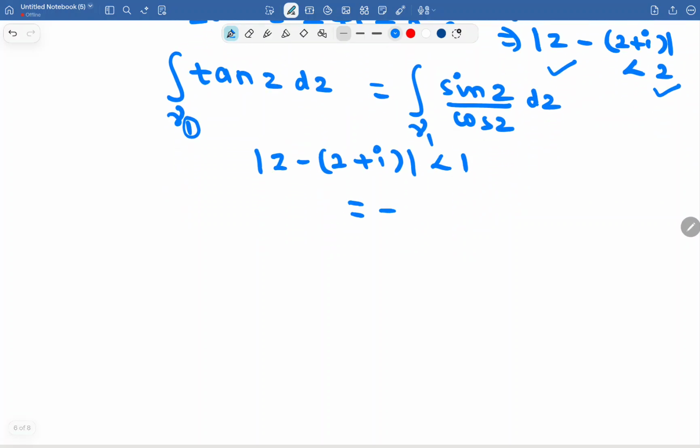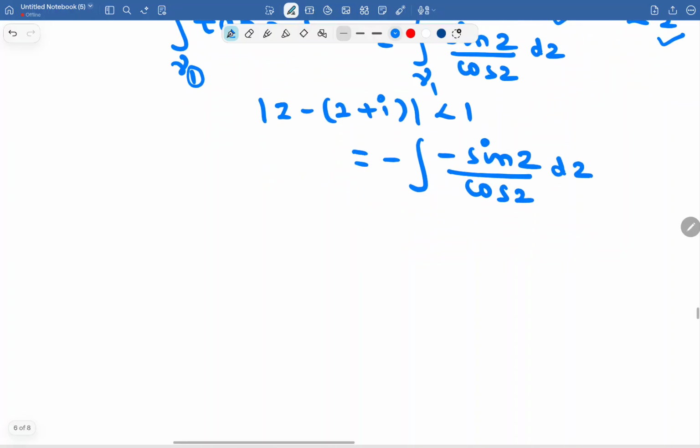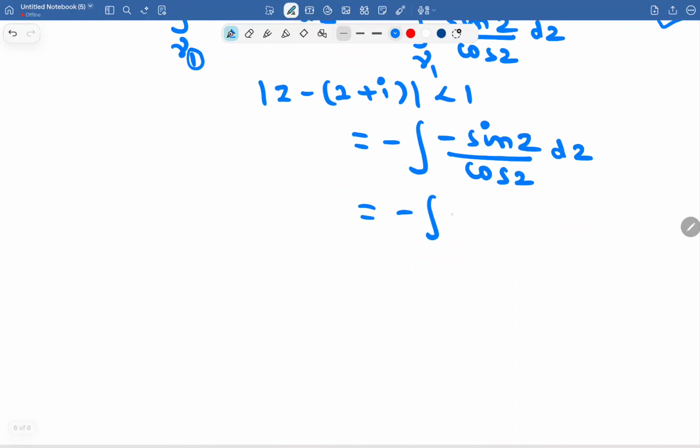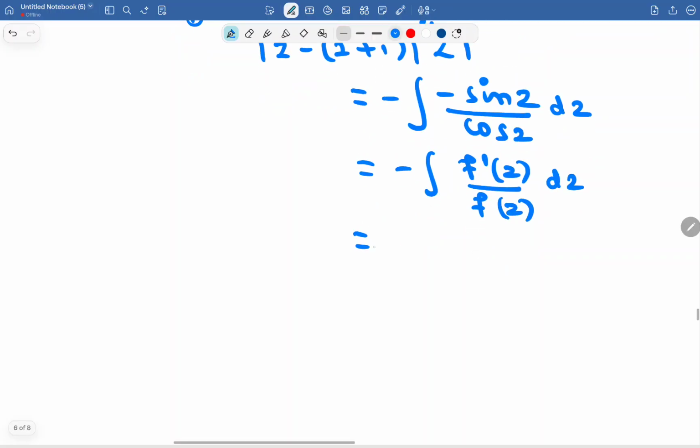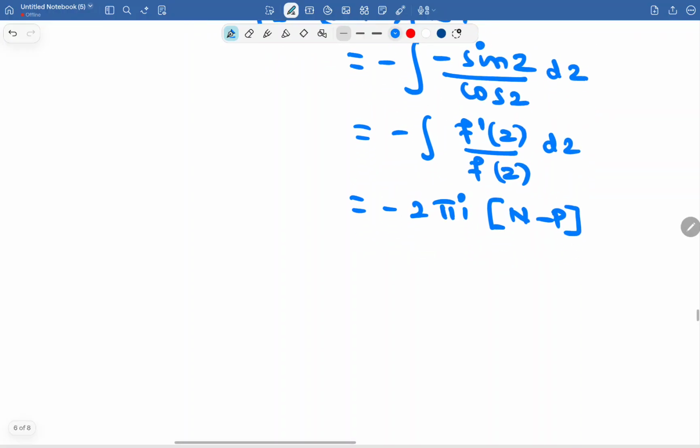Further, it can be written as minus of minus sin z by cos z dz, which is equal to minus of f dash of z by f of z dz, which is equal to minus 2 pi i times (n minus p), by using the argument principle.